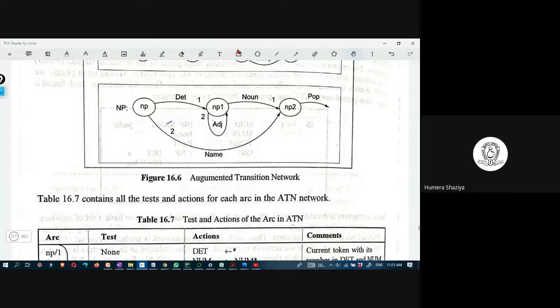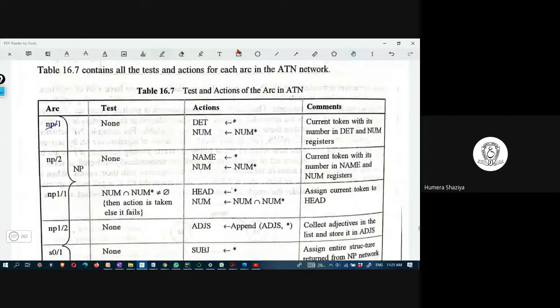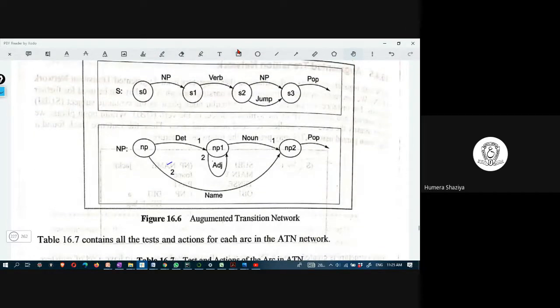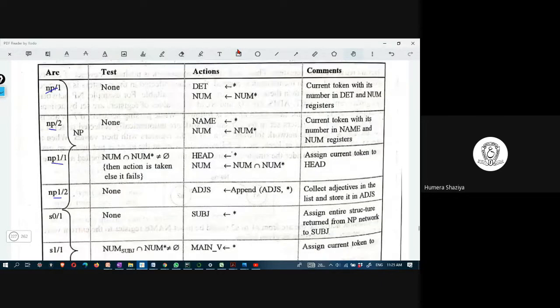NP has 1 and 2, two routes. That is written here. NP oblique 1 means the first route from NP. NP oblique 2 is the second route from NP. And NP1 oblique 1 is the first route in NP1. NP1 oblique 2 is the second route. But where is the second route from NP1? Here it's not showing. Perhaps it got missed. Anyway, it's not available.